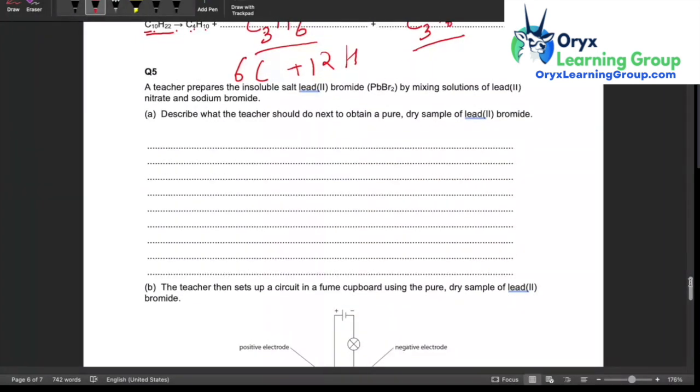Okay, it says a teacher prepares the insoluble salt PbBr2 by mixing solutions of lead nitrate and sodium bromide. Describe what the teacher should do next to obtain a pure dry sample of lead bromide. Yes, what do you think the teacher should do?